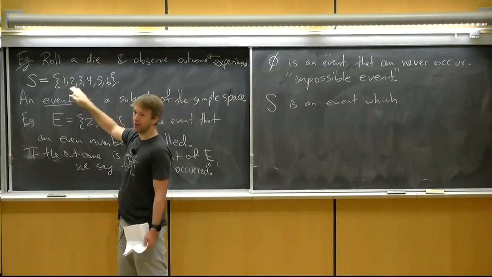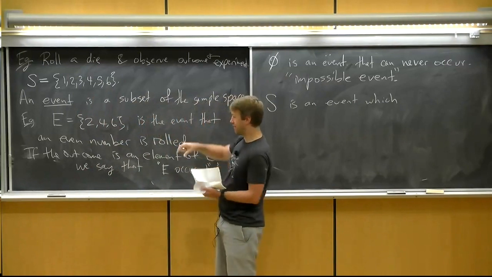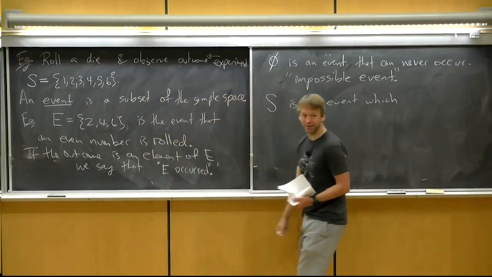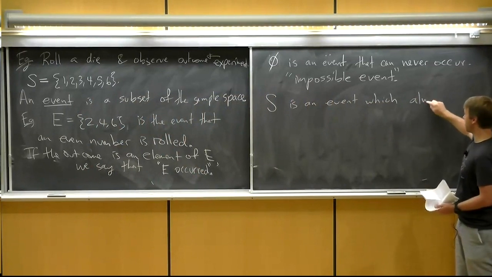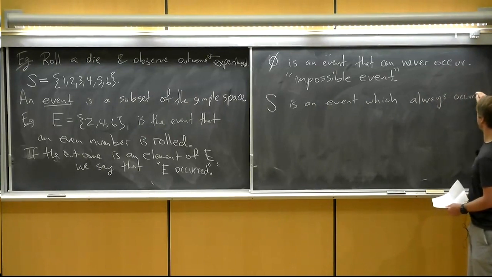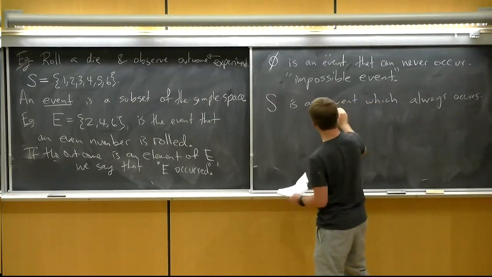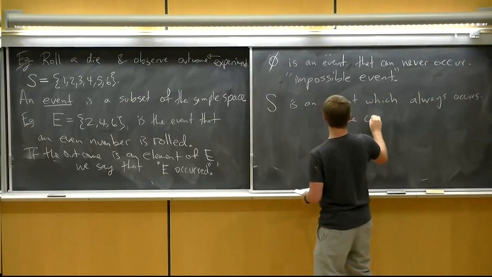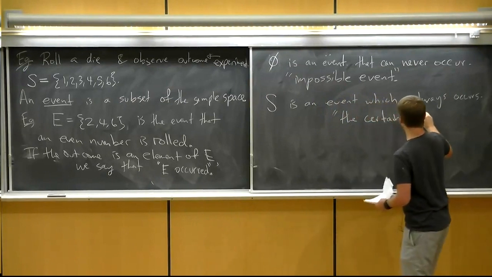Like it's always 1 up to 6, unless somehow the die balances on a corner or something, but that's not very likely, right? So S is the event which always occurs. It's sometimes called the certain event.